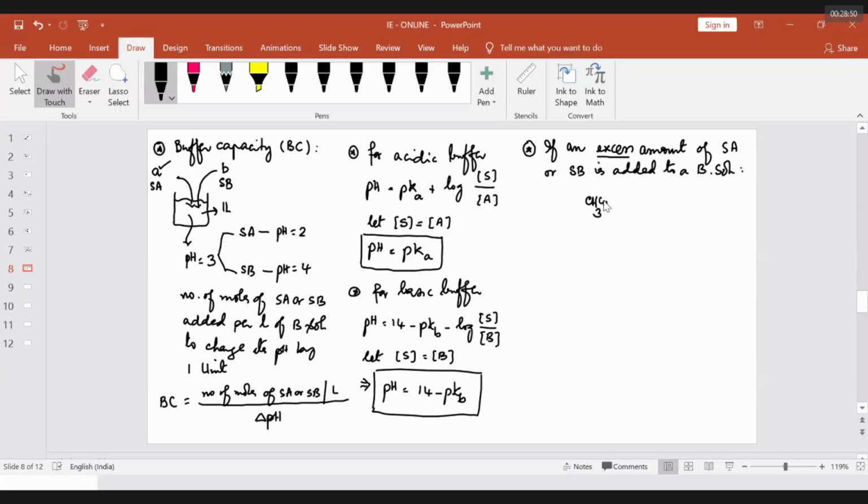Our old friend, acetic acid plus sodium acetate, CH3COONa. Who are dancing in the container? In the container, acetate ion is dancing along with sodium ion, and we have CH3COOH also, in unionized form. All three are dancing in the container. Now, suppose you are saying, sir, I am adding strong acid.